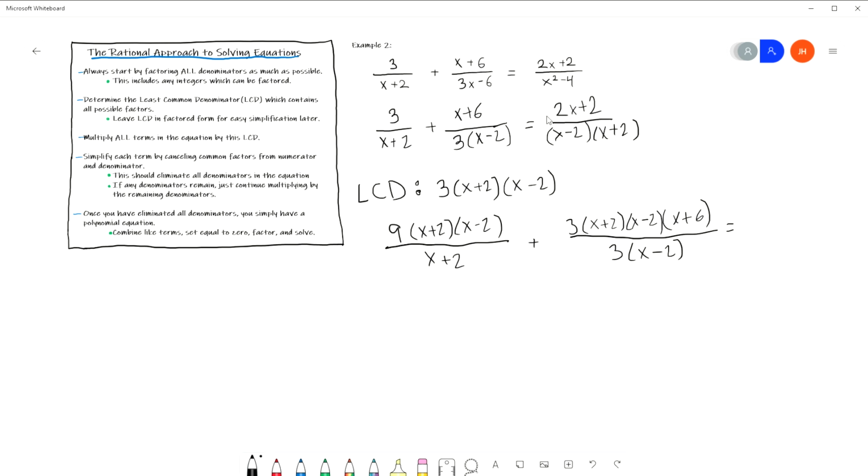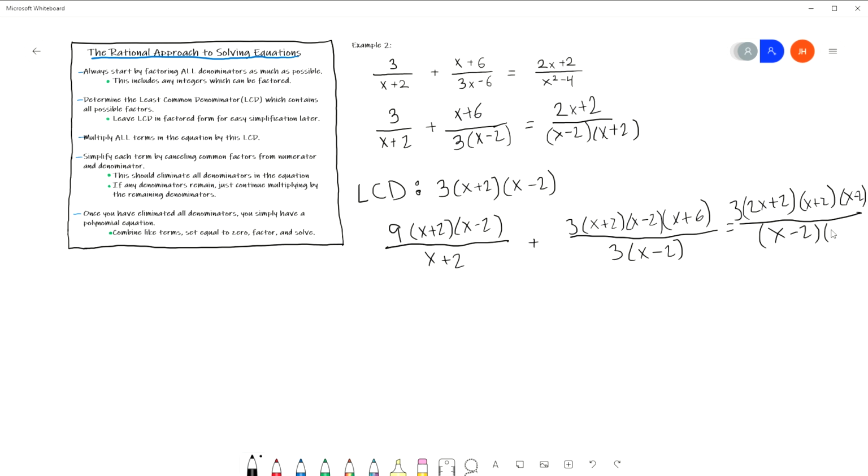And it's equal to 2x plus 2 times all of this. So a 3, the x plus 2, and the x minus 2. And it's all over x minus 2 times x plus 2.